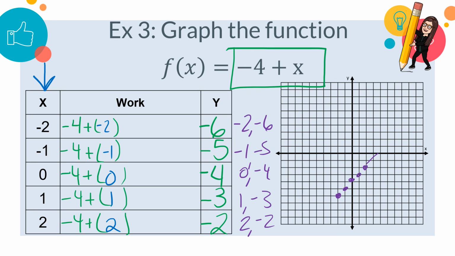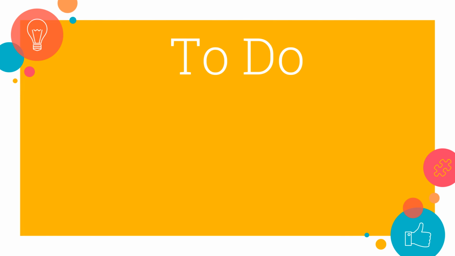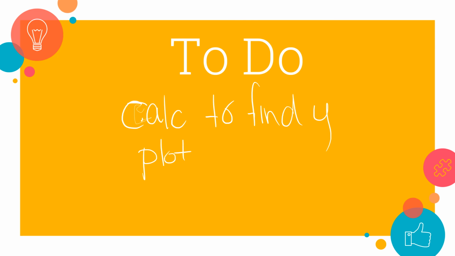They make a perfect line that we can connect and draw arrows. So remember, we want to substitute in, we want to calculate to find our y values. We want to plot to get a line. If you do not get a line, something is wrong. We need to keep working on the problem.